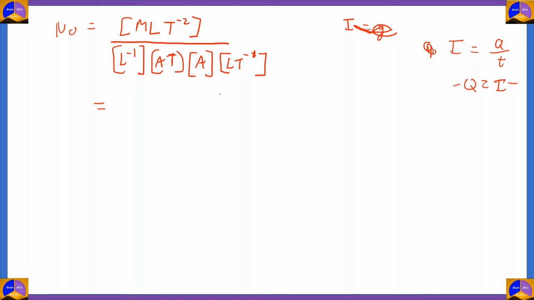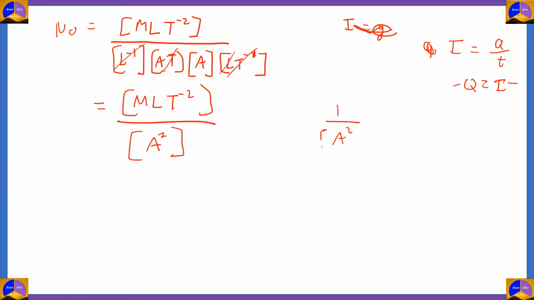Now, let's simplify the denominator. So L raised to minus 1 plus 1. So that means that L raised to minus 1 and L can cancel each other. T and T raised to minus 1 are also getting canceled. So in the denominator, we'll get A power 2 and the numerator is MLT power minus 2. So we can write 1 by A square as A raised to minus 2.